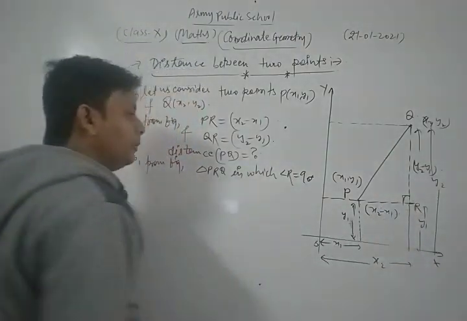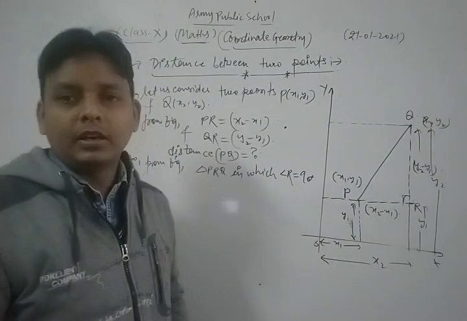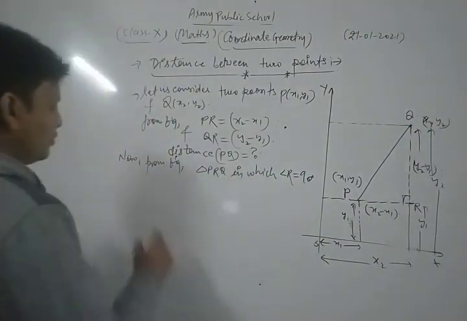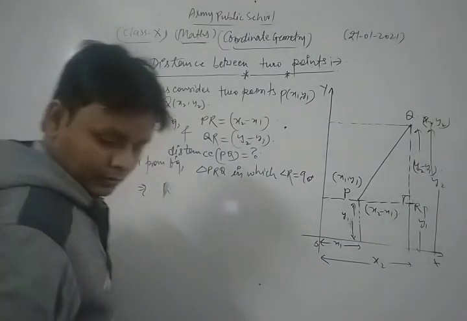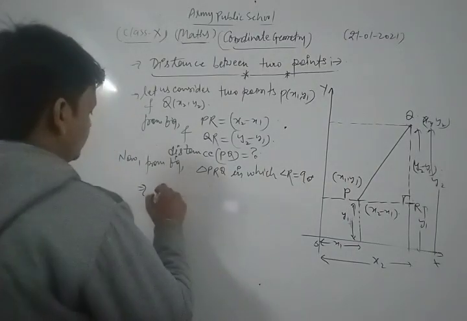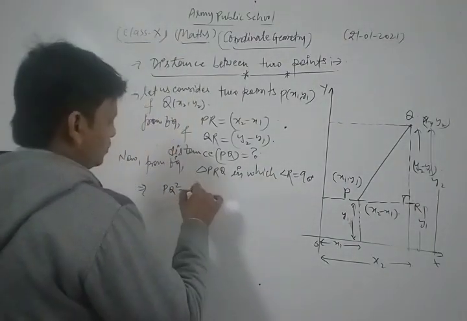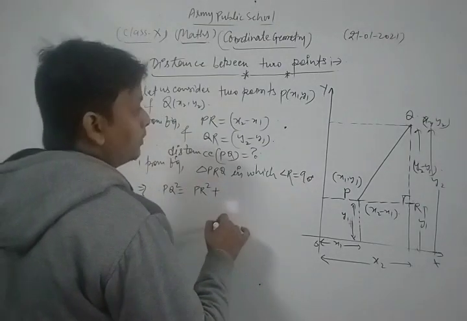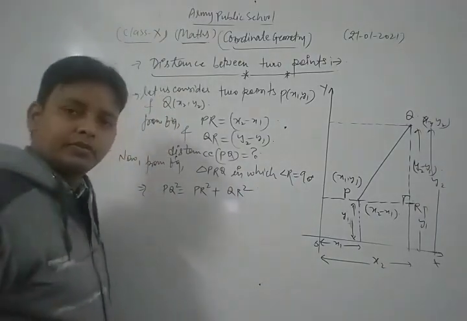So in triangle PQR we apply the Pythagoras theorem, which says PQ square is equal to PR square plus QR square. This is the concept of the Pythagoras theorem.